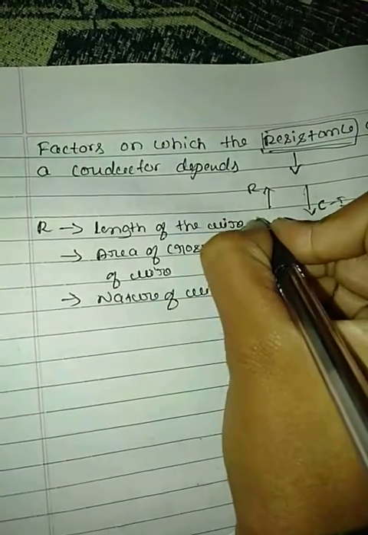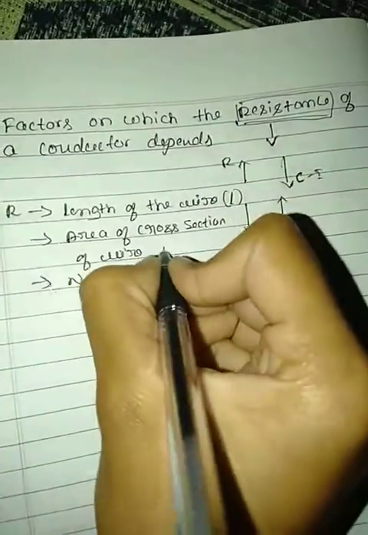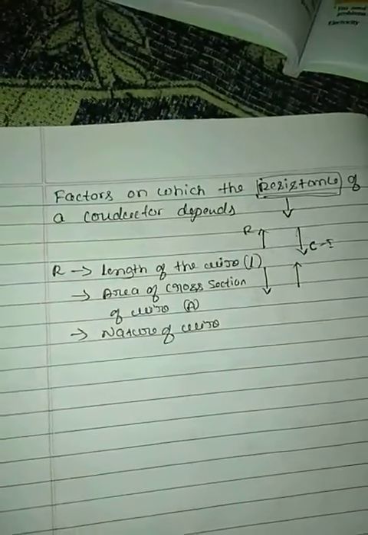The length of the wire is represented by L. Area of cross section is represented by A.